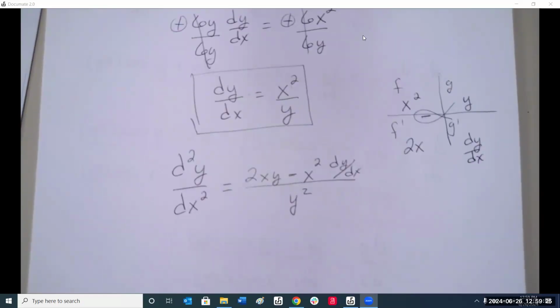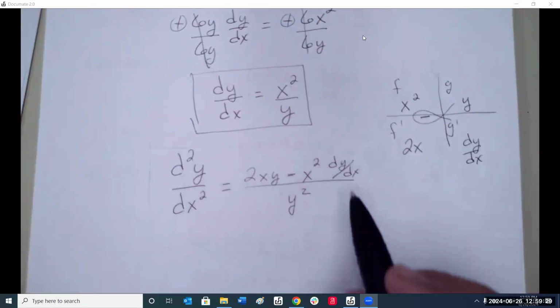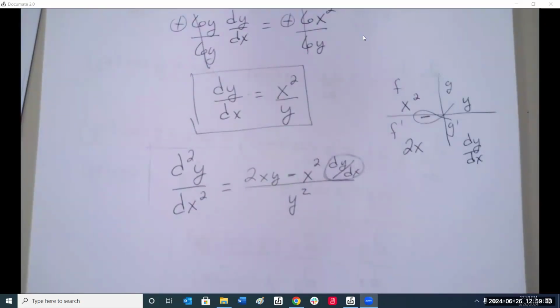But we're not done. We're not done with this equation because what is dy/dx? I can't make it any easier. If you just look 1 inch above there, you'll see what dy/dx is.